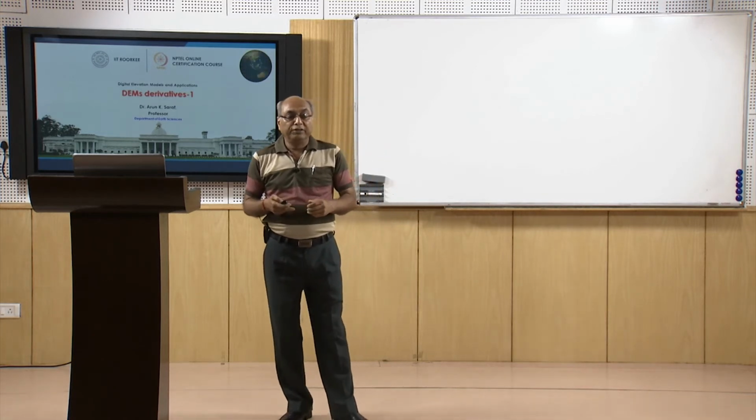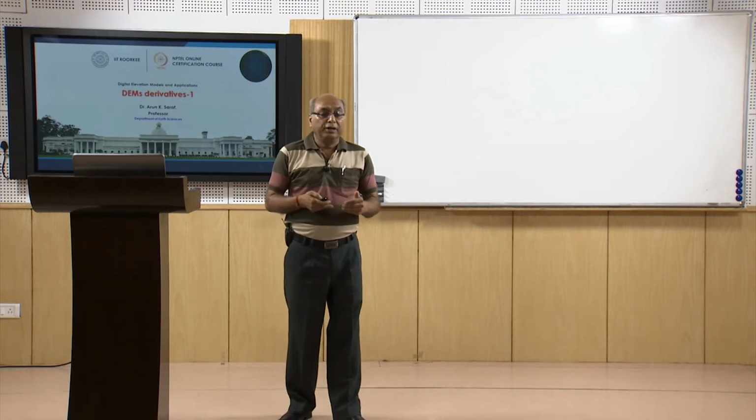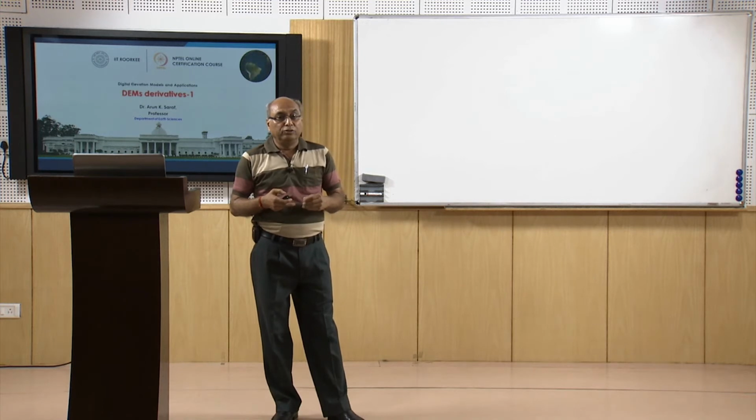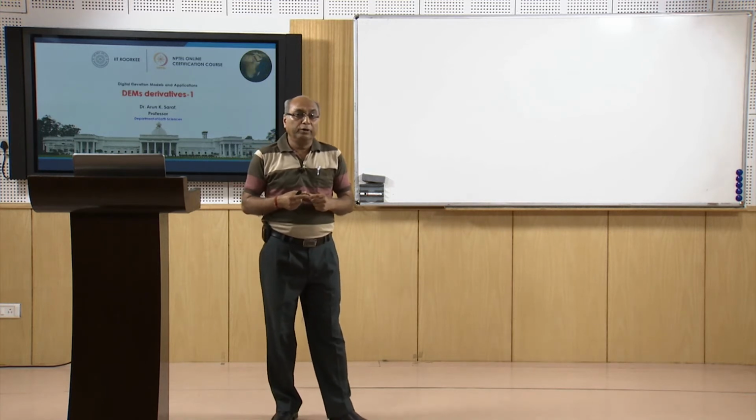So, if we start from the slope point of view, the area of a sloping pixel is not the same as one that lies flat, and sloped pixels occupy more area than a flat one, as we will see very soon in a diagram.